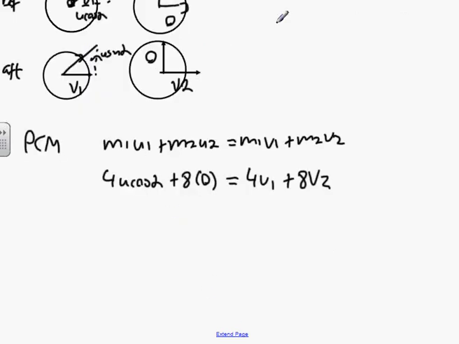The 8 times 0 goes out. Divide both sides by 4 and we get v1 plus 2v2 equals u cos alpha. That's very easy stuff, guys.